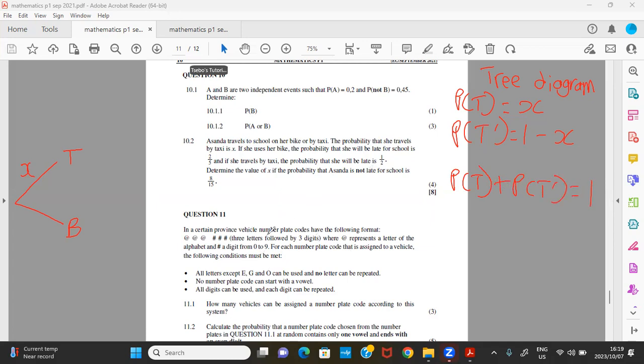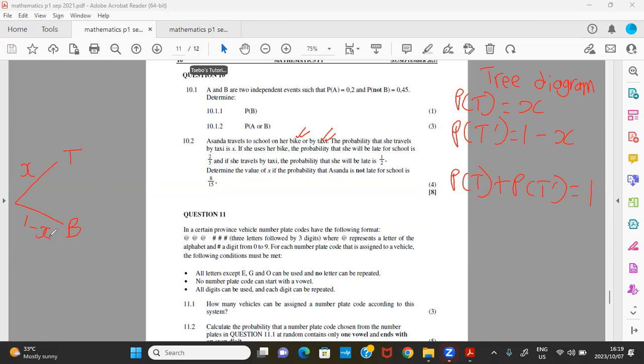And as I said, if she's not traveling by a taxi, according to what we were given here, she's traveling by a bike. If it's not a bike, it's a taxi. If it's not a taxi, it's a bike. So now the probability that she will be traveling by a taxi is X, and the probability that she will not be traveling by a taxi is 1 minus X.